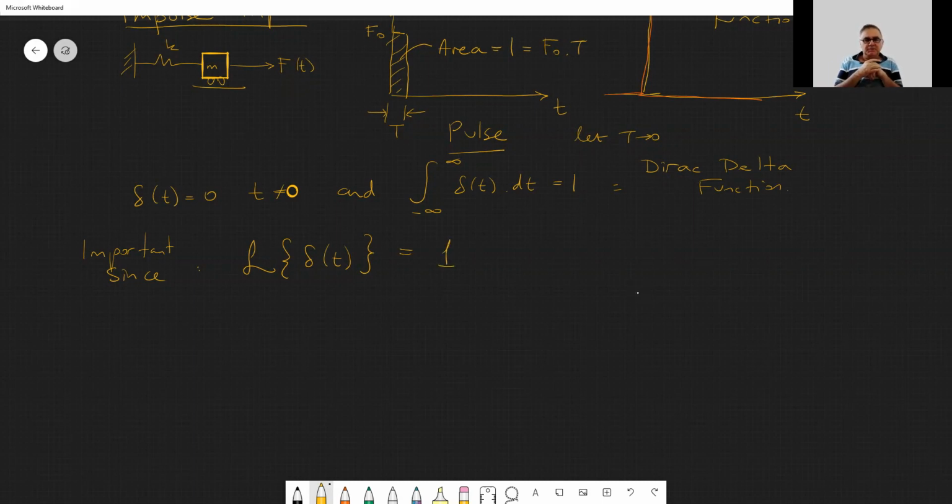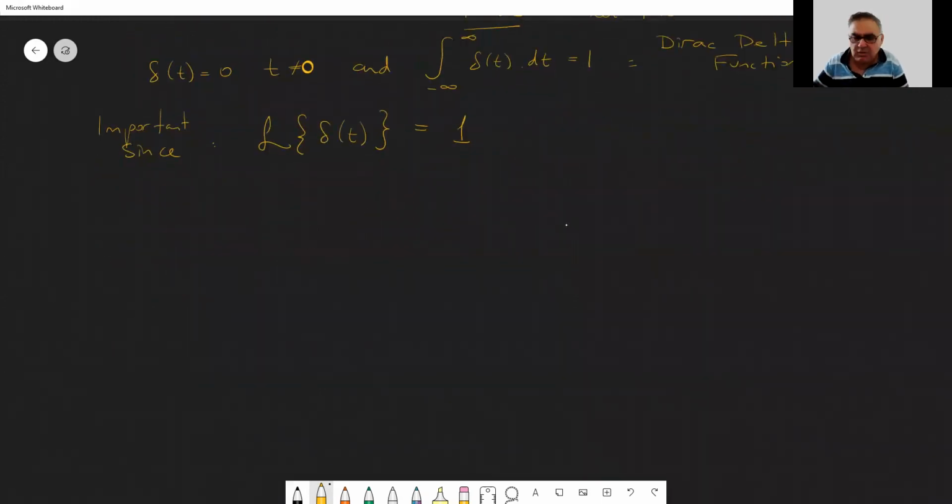If you take the Laplace transform of this function, you get a 1, which is very useful because when you apply an impulse, u of t equals delta of t, we have y of s equals g of s times u of s.